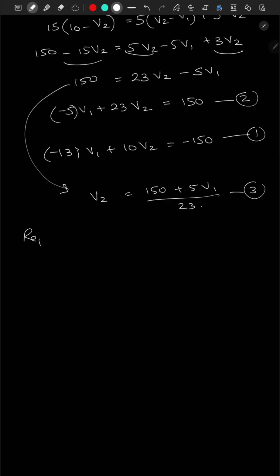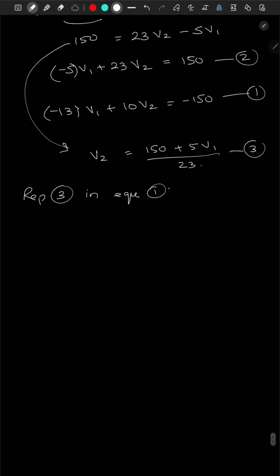You have to replace equation 3 in equation 1. Okay, we have minus 13 V1 plus 10 times V2, which is 150 plus 5 V1 divided by 23, and this is equal to minus 150.